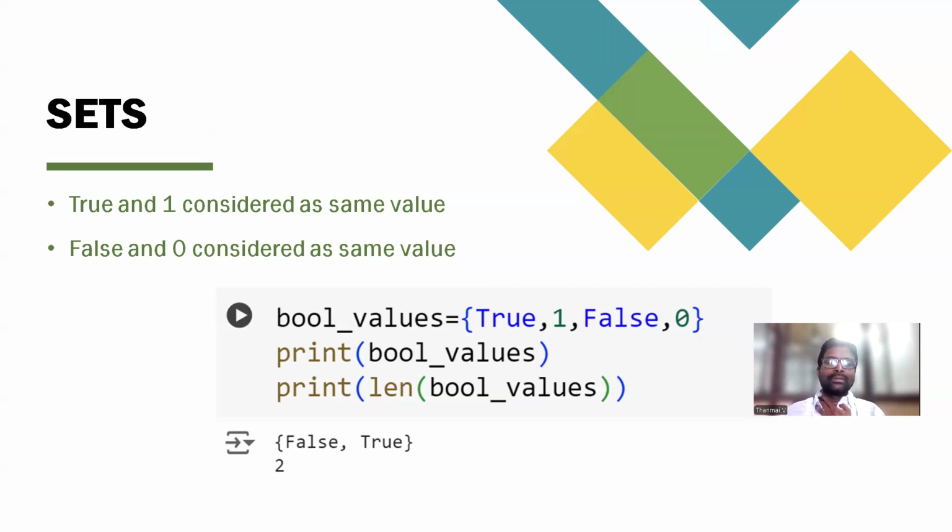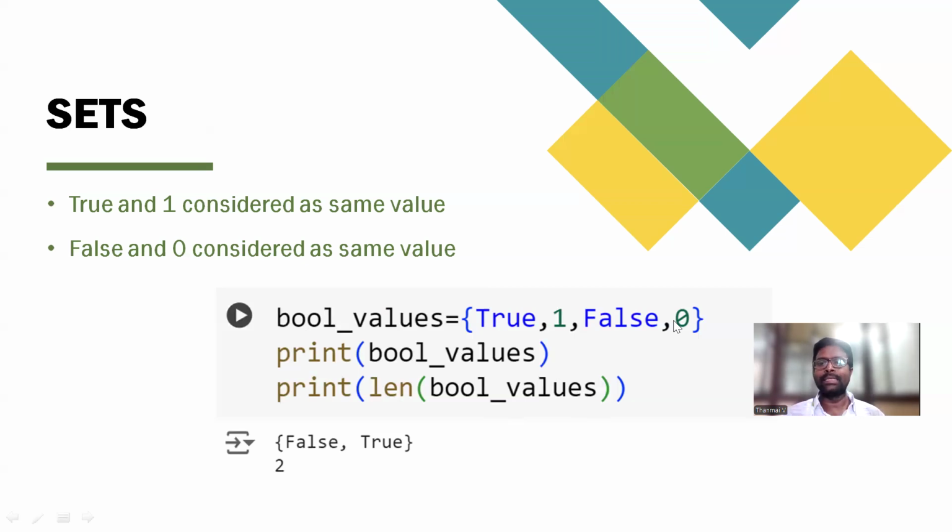So that's why I said that sets will not accept duplicate values. There is a function called len that is used to know the length of the set, or the number of elements in a set. Here I am printing the length of bool_values. When initializing bool_values, it contains true, 1, false, 0.